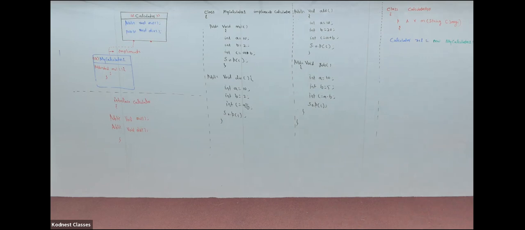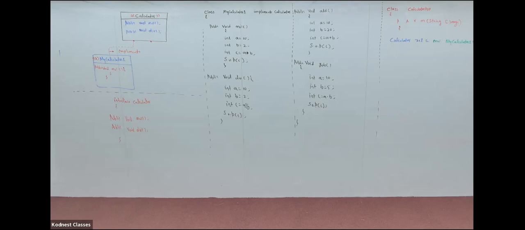Permitted? What object I am creating here? My calculator. In what type reference I am collecting? Calculator. What is my calculator one? Which class? Child class. What is calculator? Parent.